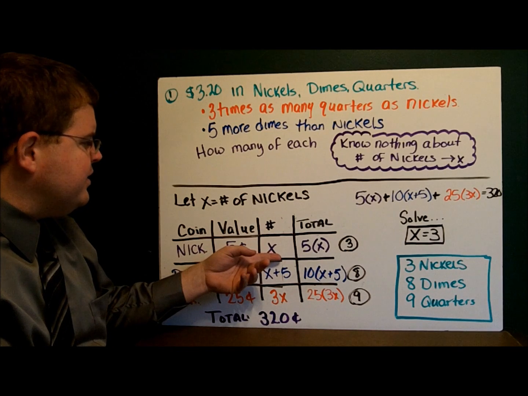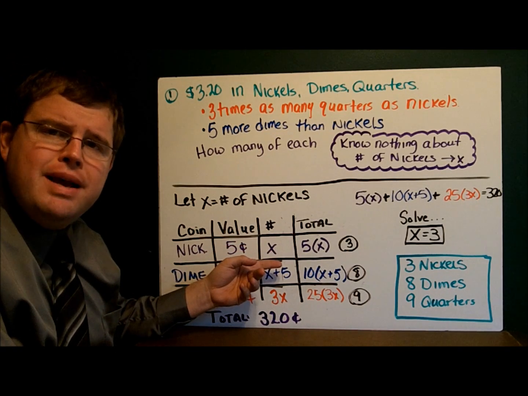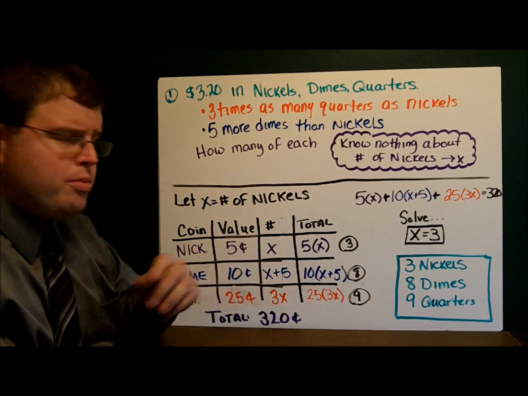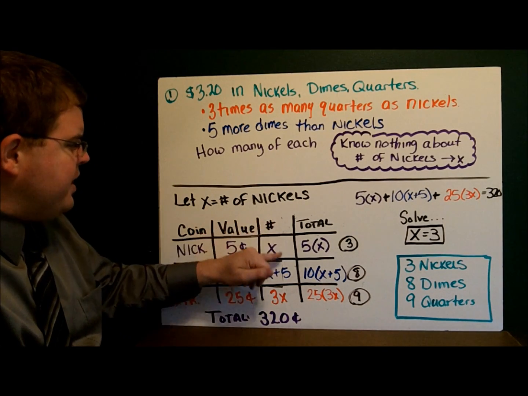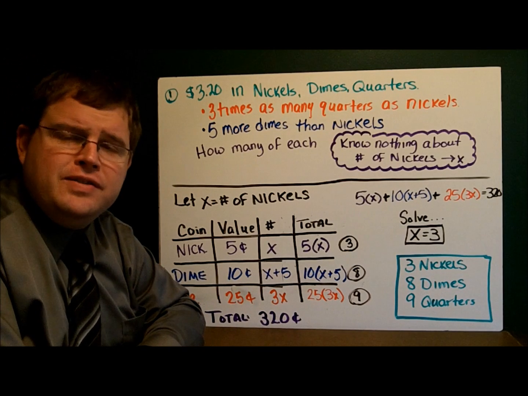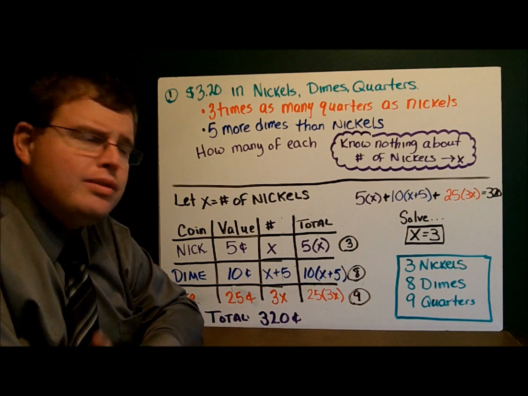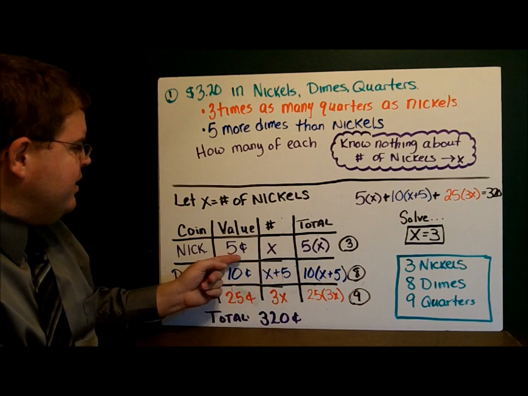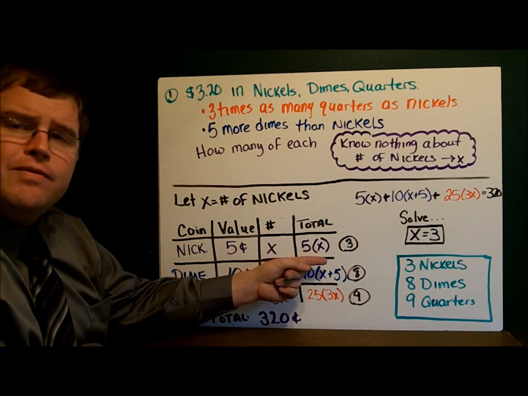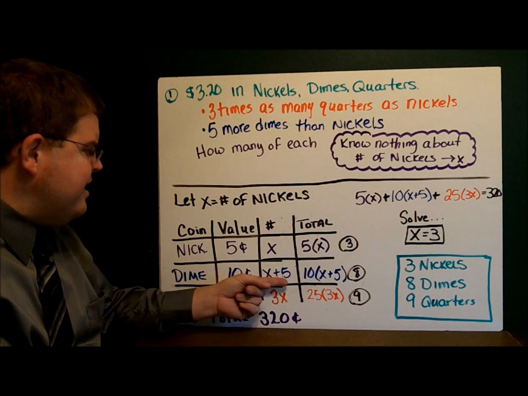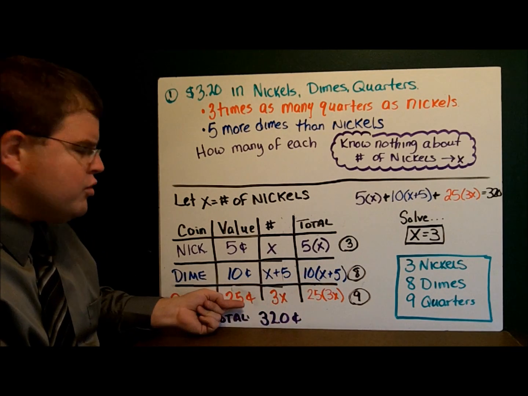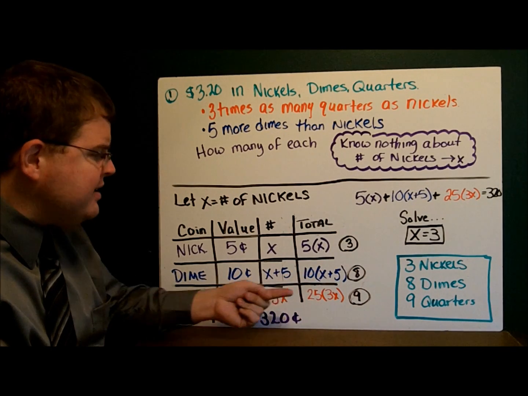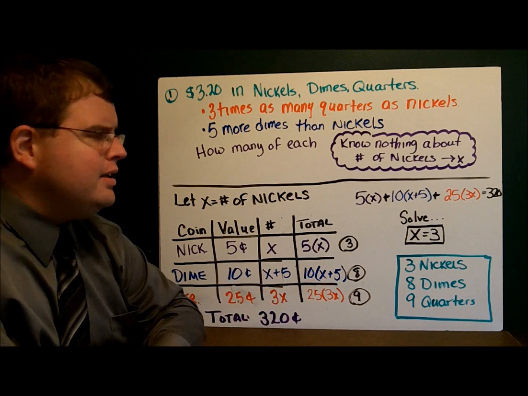I had X nickels, I have 3 times as many quarters, so I have 3X. So now I have the number, and the number involves variables. Now let's just get the total value. 5 times X, 5X. 10 times X plus 5, I've got that right there. 25 times 3X, I've got that right there.